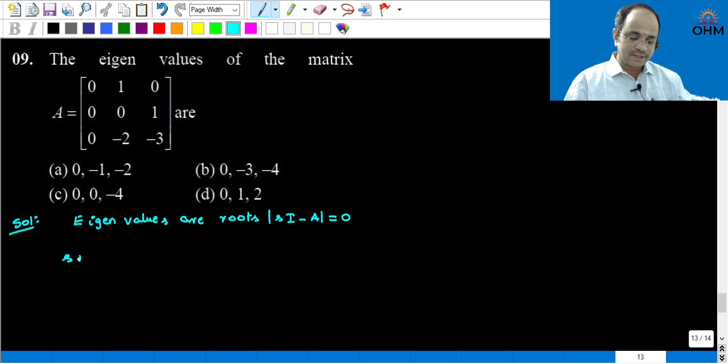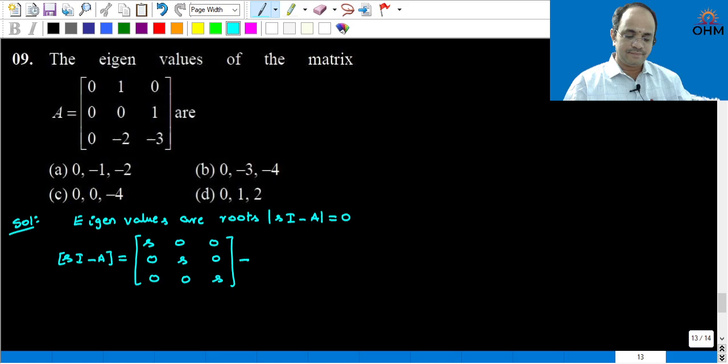Therefore, first let us find out the sI minus A matrix. What is sI? [s 0 0; 0 s 0; 0 0 s] minus the given system matrix [0 1 0; 0 0 1; 0 -2 -3].